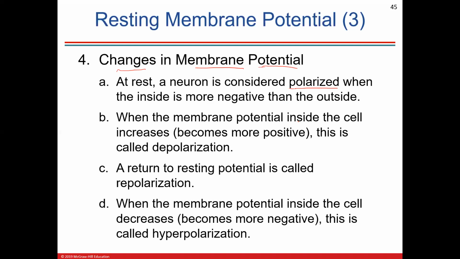When you have polarization of a membrane, now, if the inside of the membrane becomes more positive, the best way to do that is to bring sodium into the cell after a stimulus. And the sodium channels will open. And then it's going to become depolarized.